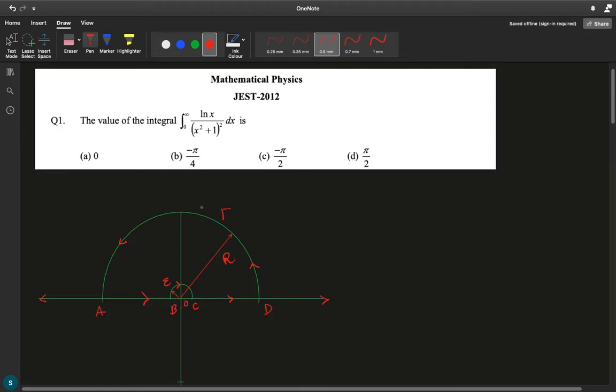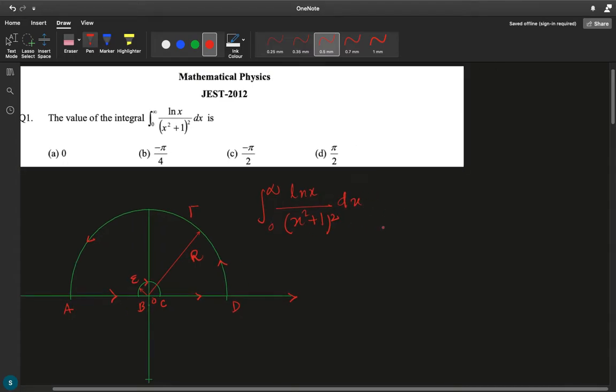Now we have to solve this problem. We need to first write down the problem. The problem is the integral from 0 to infinity of ln x by (x square plus 1) whole square dx.